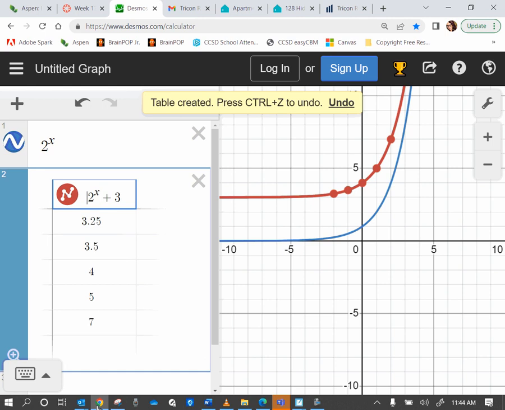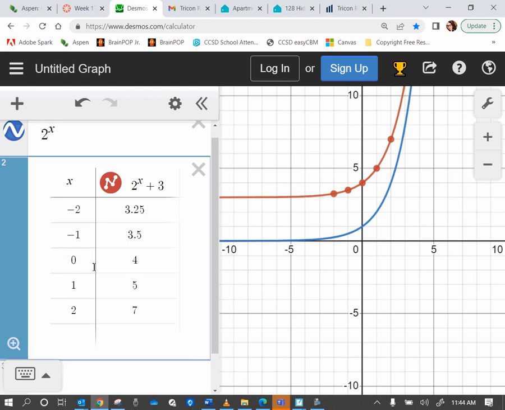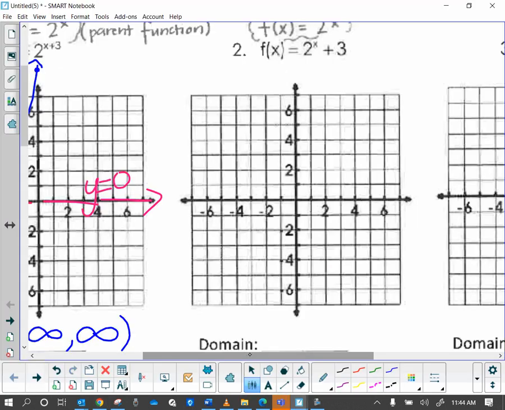Okay, so let's see what points we have here. I started at -1, 3.5, 0, 4, 1, 5, and 2, 7. Those are about all the points on this graph. So we had -1 and 3.5.